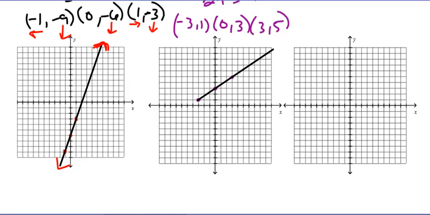You should be able to touch all the points. Again, your line should go all the way through your graph, with arrows on both ends, here and here. Make a nice straight line going all the way through your graph.